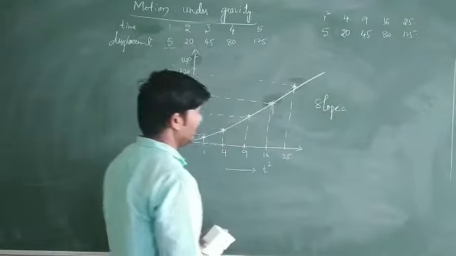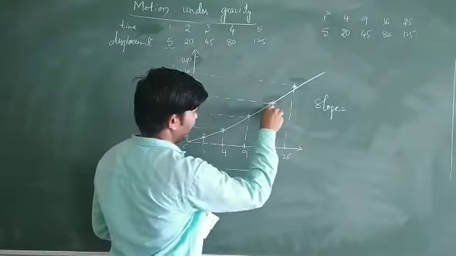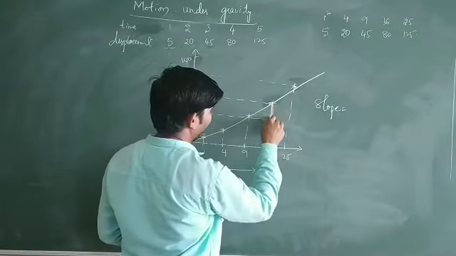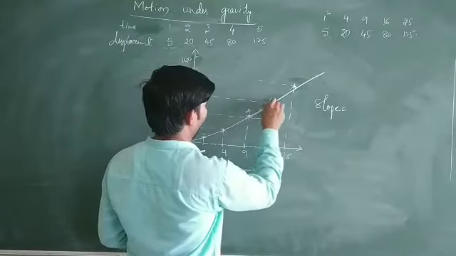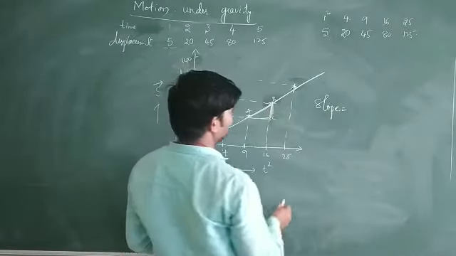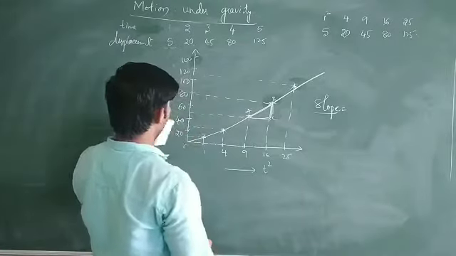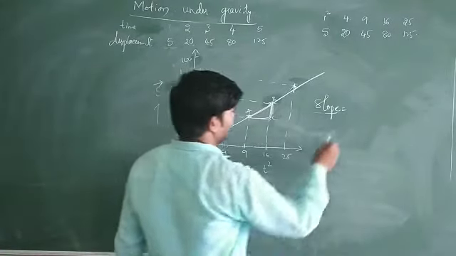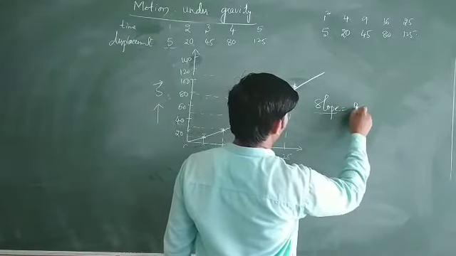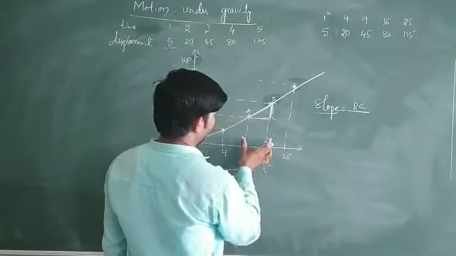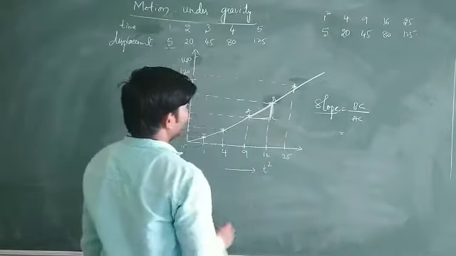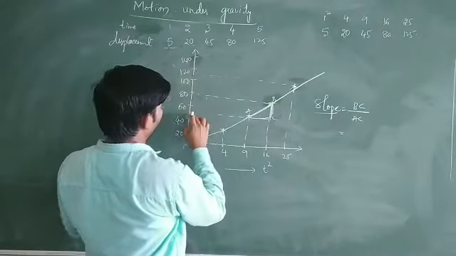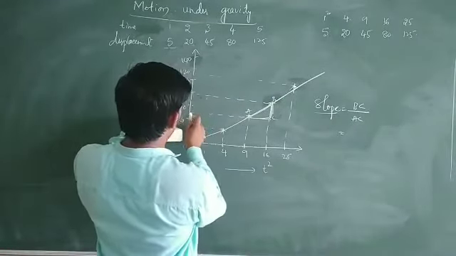Slope is equal to, just take any 2 points. So I will take these 2 points and name them A, B, C. Slope is equal to displacement divided by time. So displacement is BC divided by AC. BC is how much? 80 minus, what is this point?